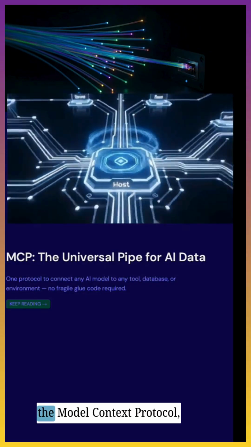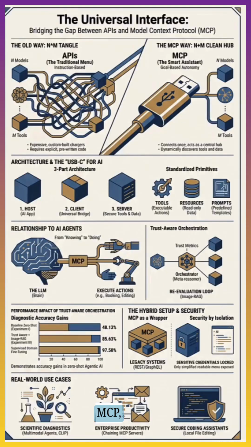At its core, the Model Context Protocol, MCP, acts as a standardized pipe for your data, serving as a universal translator, or USB-C port, that connects AI models to external tools, databases, and environments.